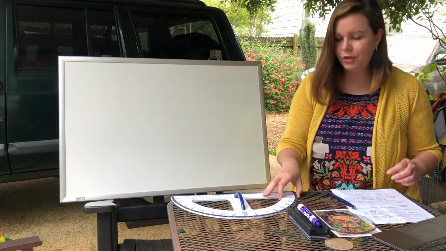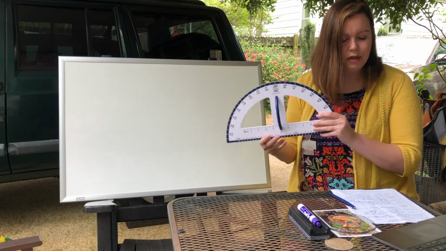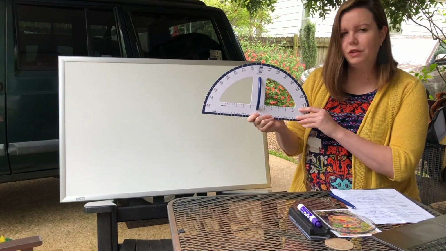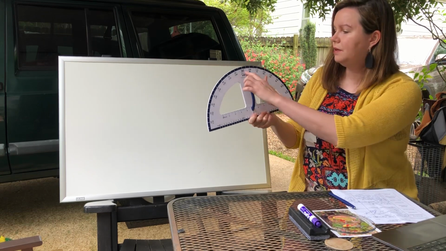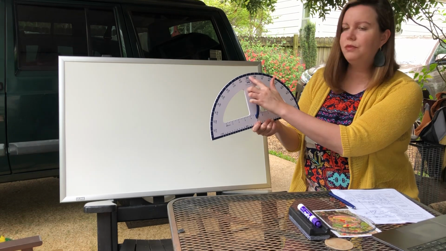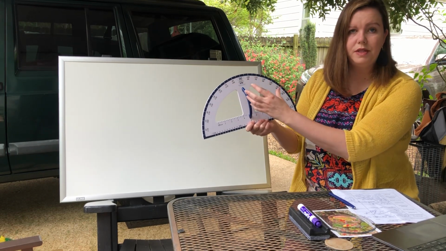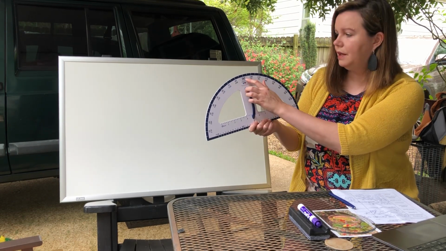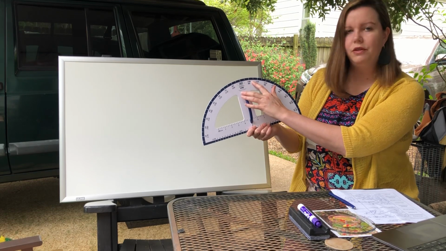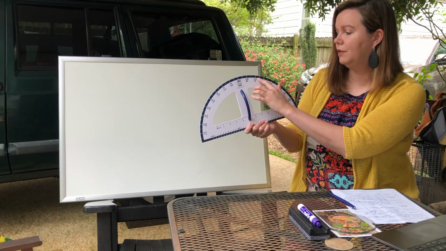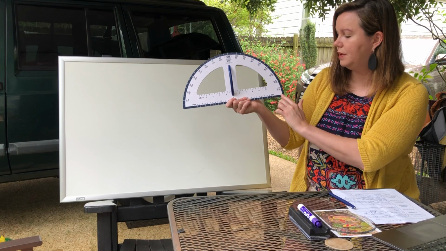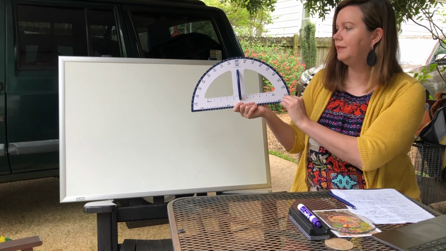All right, I'm going to show you the protractor. And I'm just going to talk about the degrees on the protractor for a minute. So this is a 90-degree angle, and as you go this way, as your object opens up, which I'll show you in a little bit, it goes up by 5, so like 95, 100, 105, 110, 115, 120, all the way up to 180.